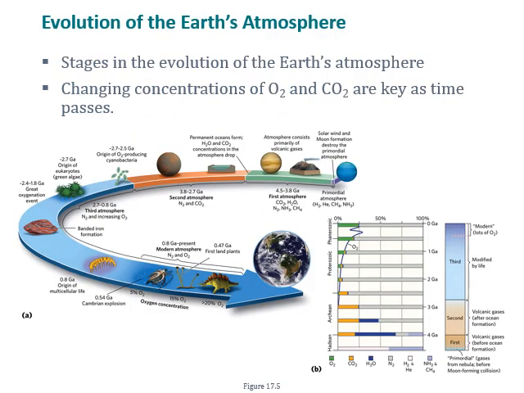We will briefly discuss the evolution of Earth's atmosphere now that we understand its current composition. The stages in the evolution of the atmosphere are listed in the figure below and are typified by changing concentrations of oxygen, O2, and carbon dioxide, CO2, as time passes. So you can see in primordial Earth, the primordial atmosphere did not contain oxygen, mainly contained helium, methane, NH3, and H2.